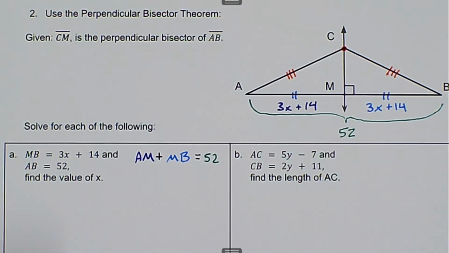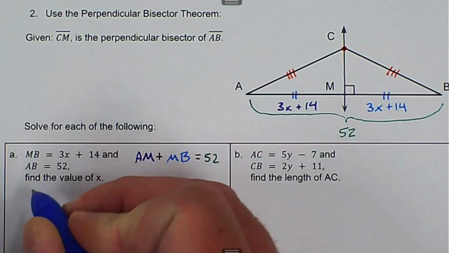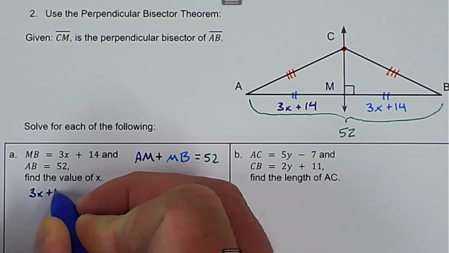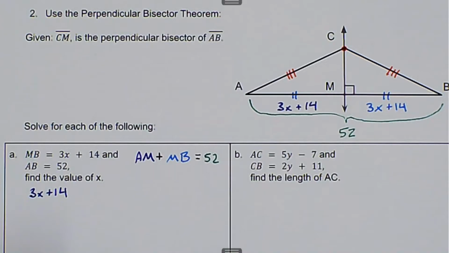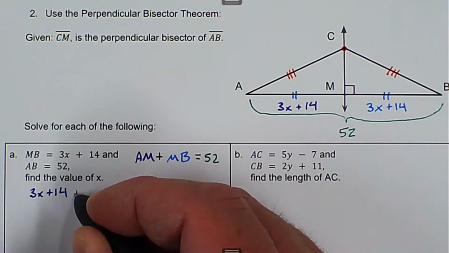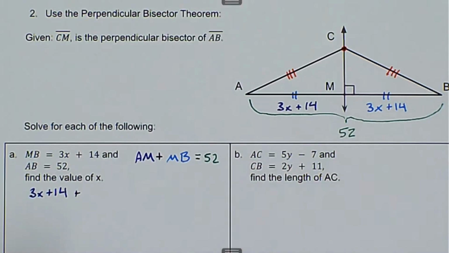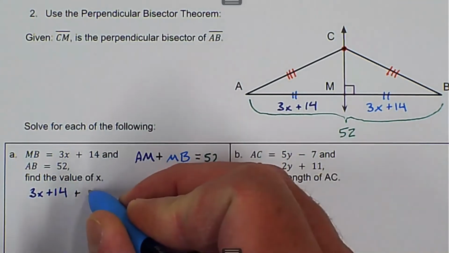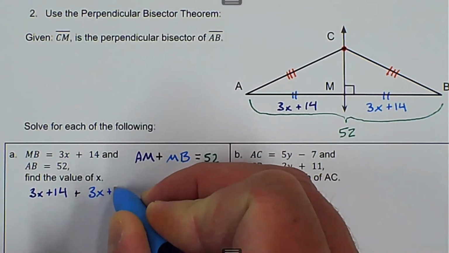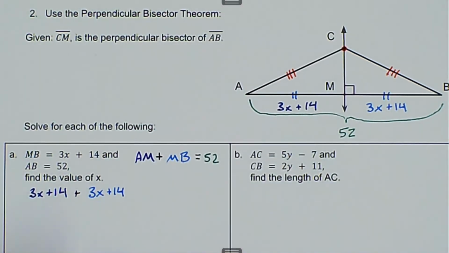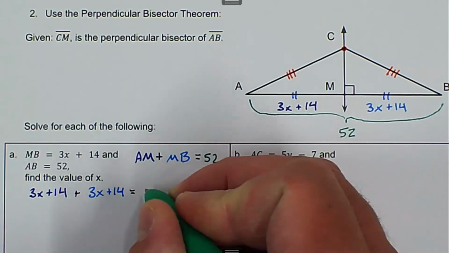Now we can substitute our values in. The distance from A to M is 3x plus 14, plus the distance from M to B, which is 3x plus 14 again, and that is equal to 52.